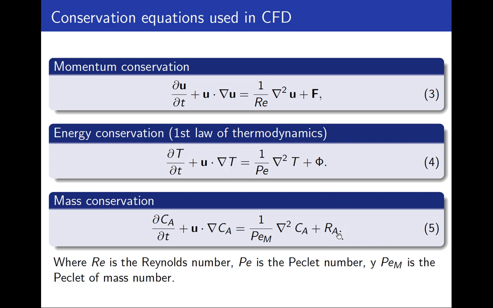And then we also have, for mass conservation, a source term, which means, for instance, how we can obtain new mass from a species A. And the only way that we can obtain mass is through a chemical reaction. Because remember, mass conservation tells us that the same amount of matter exists before and after a change. Mass is not created and not destroyed. It has to come from somewhere. And also these conservation equations express different physical laws.